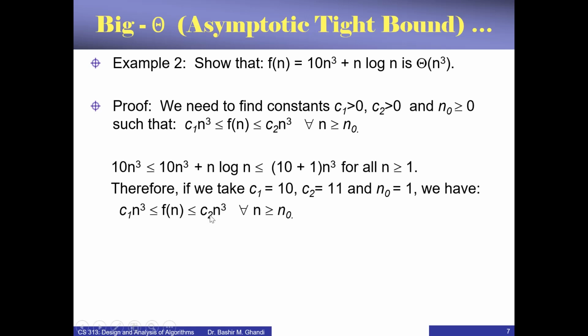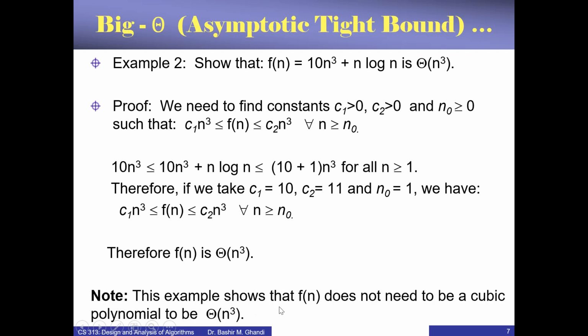So therefore we can say that if we take C1 to be 10 and C2 to be 11 and n naught to be 1, then our f(n) is going to lie between C1 n cubed and C2 n cubed for all n greater or equal to n naught. Alright, and therefore our function f(n) is indeed theta of n cubed.